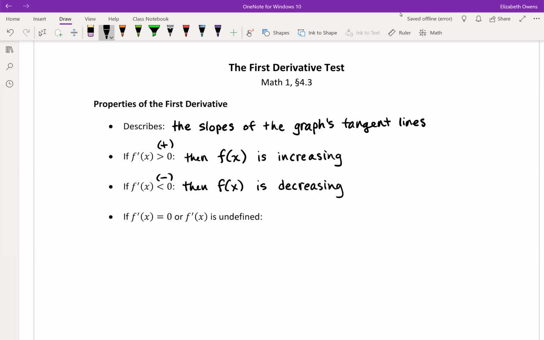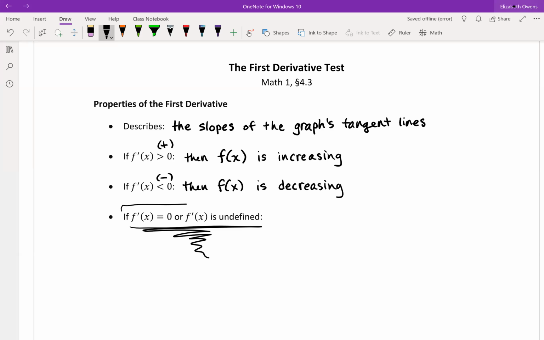And then if the slope is 0 or if the derivative is undefined, we actually just looked at that in section 4.1 the other day. We had a special name for points where these things happened. Any of you on the call here remember what those points were called?